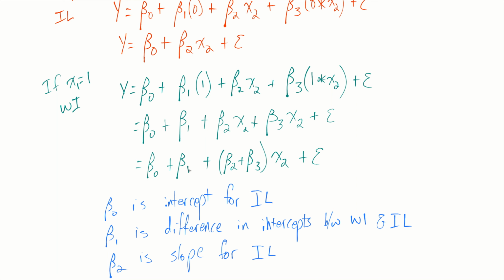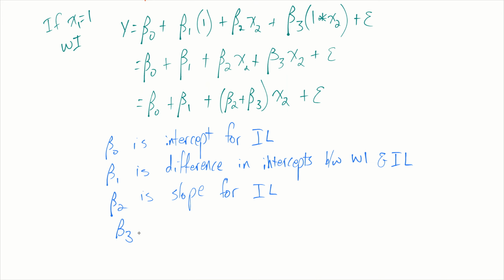So just like beta 1 is the difference in the intercepts between Illinois and Wisconsin, beta 3 is the difference in the slopes between Illinois and Wisconsin, the difference in the slopes with regard to nitrogen of Wisconsin and Illinois.